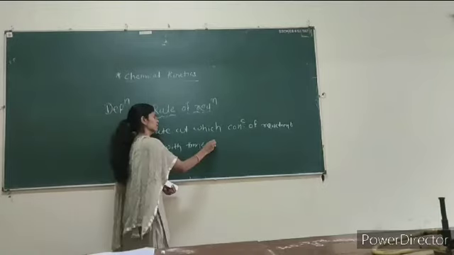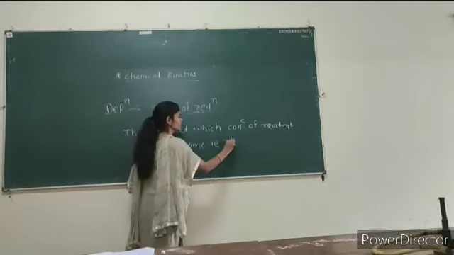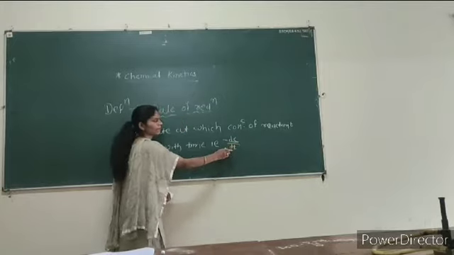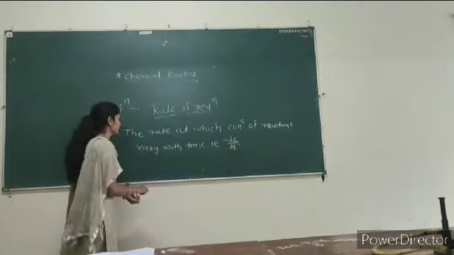Then we write it in this way: minus dC upon dt, concentration of reactant varying with time.